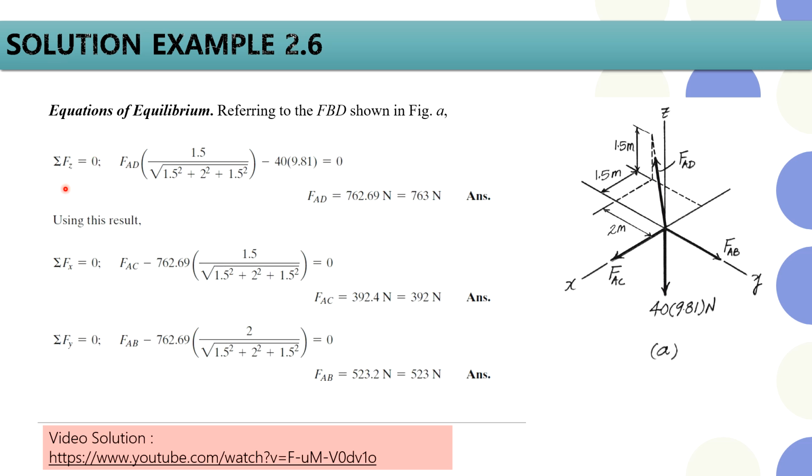So you write down the summation of force along the z direction equals 0, because the only unknowns pointing in the z direction here might just be the one cable FAD, and the weight.